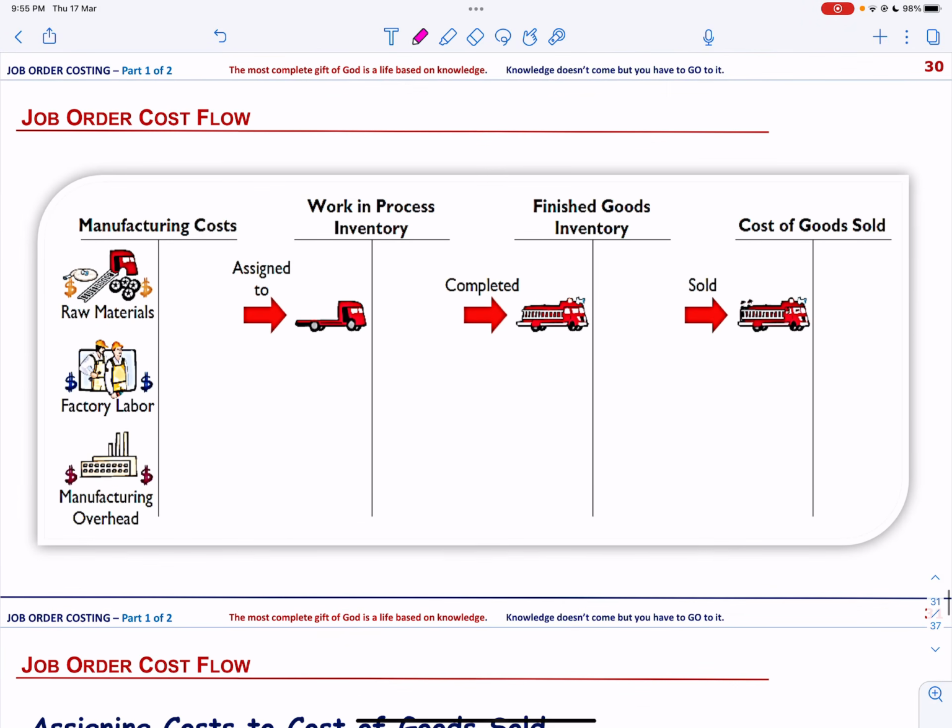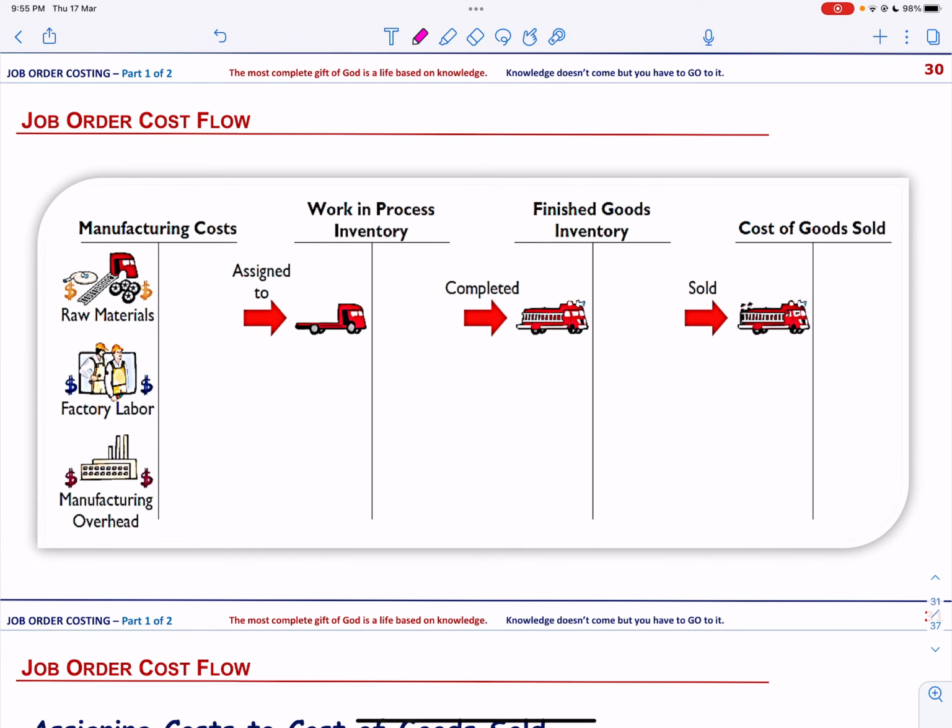So far, we have talked about how the manufacturing cost is accumulated and recorded. Then we learned how to assign manufacturing cost to work in process. Next, we learned about assigning cost to finished goods. And finally, we are going to talk about assigning cost to cost of goods sold.